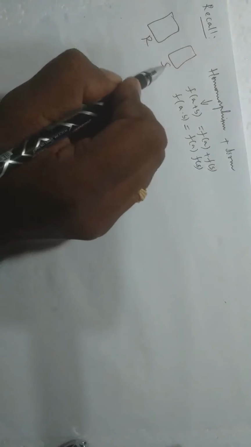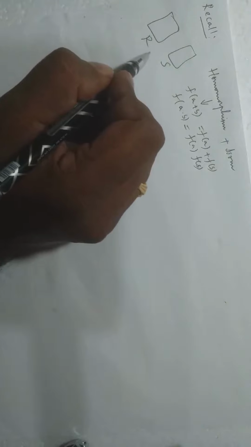You can take the same ring also. If I say S is equal to R, you can always have the identity map as a homomorphism, as well as the zero map as a homomorphism. Is it clear?